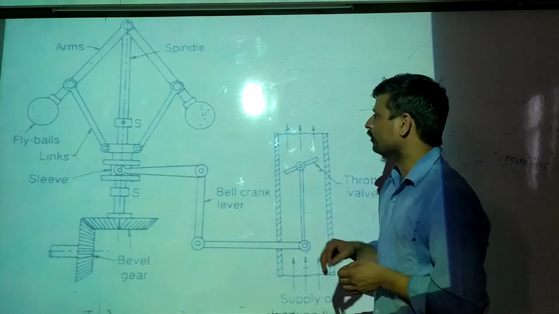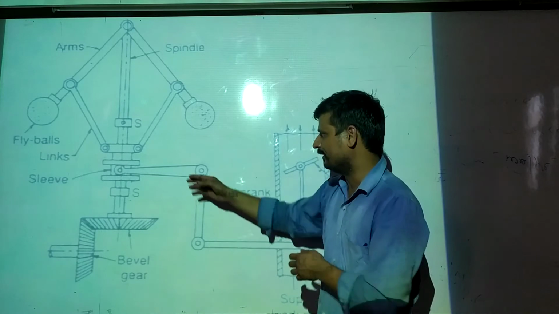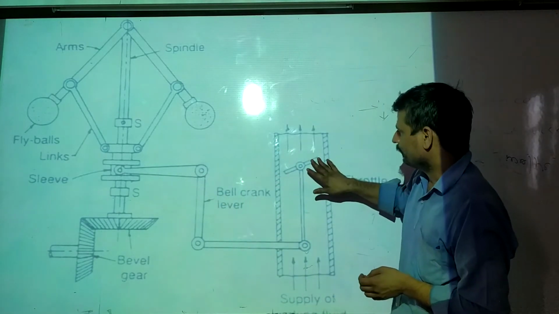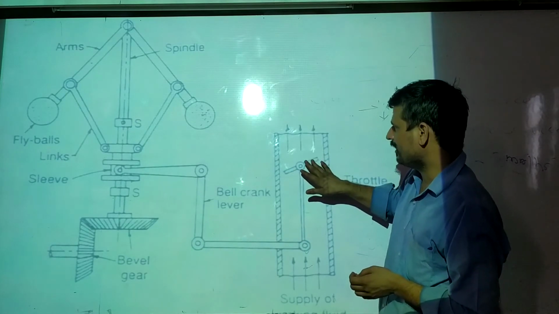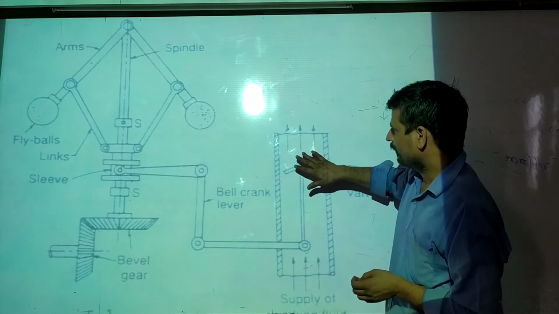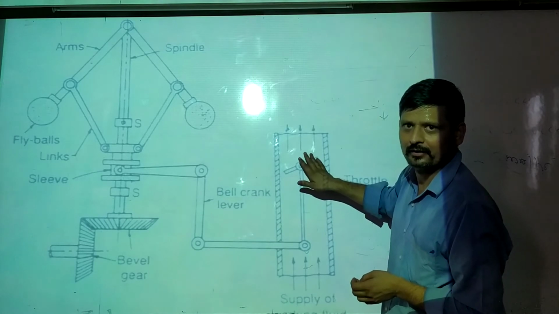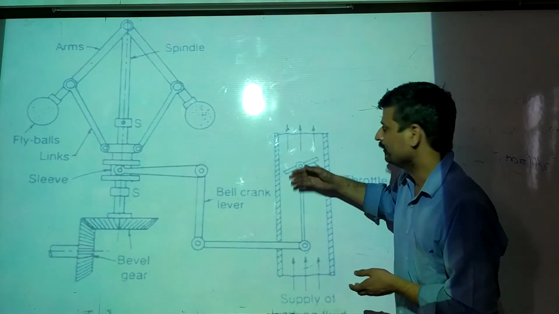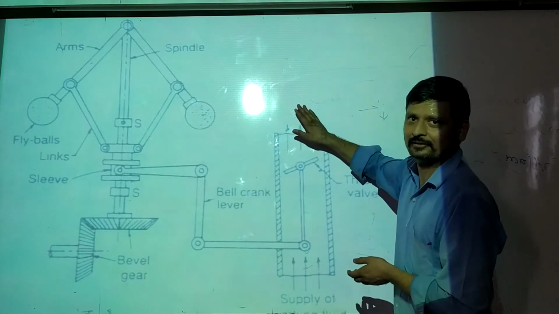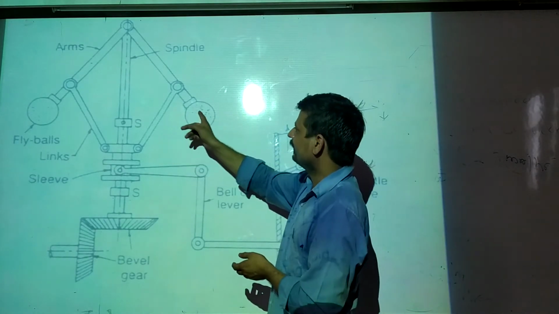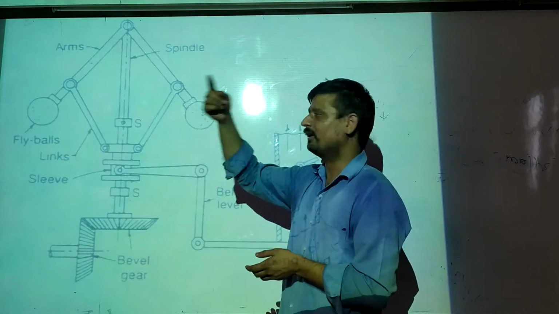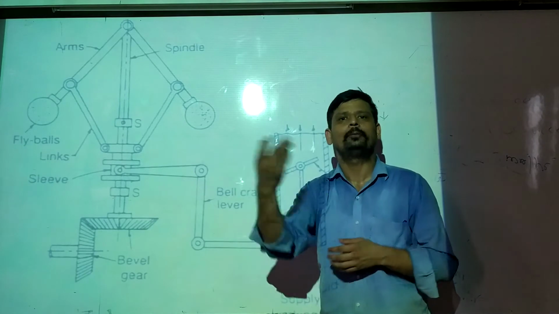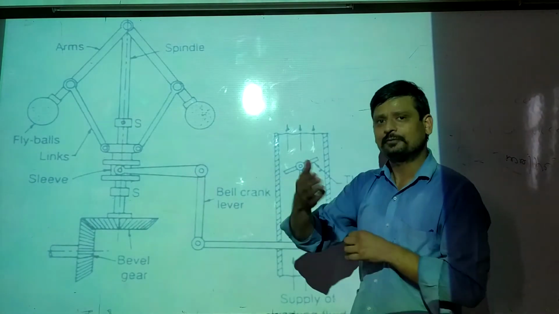So this bell crank mechanism will operate in such a way that under this condition the throttle valve will create a hurdle or allow a low amount of fuel from this side to that side, so the rotation of a mechanical governor with these fly balls will come to its equilibrium speed.